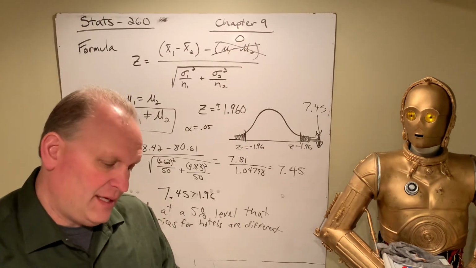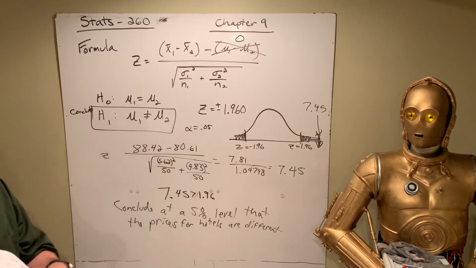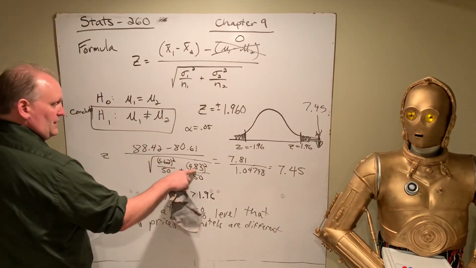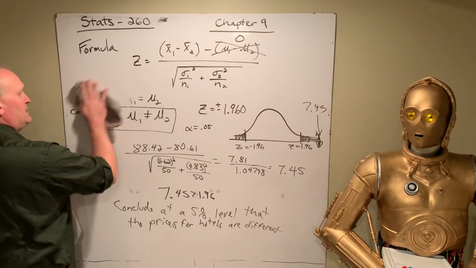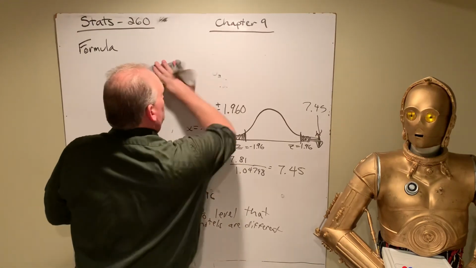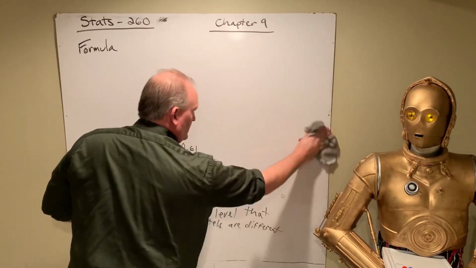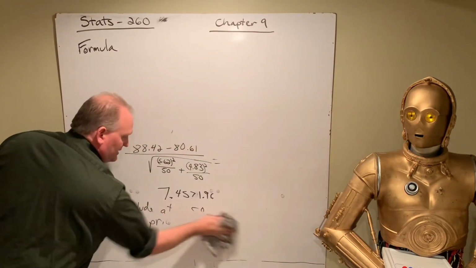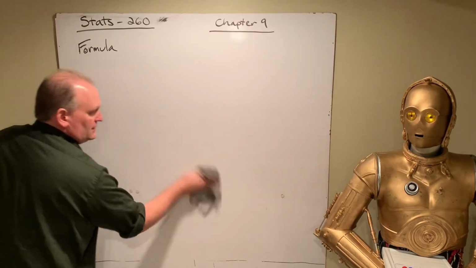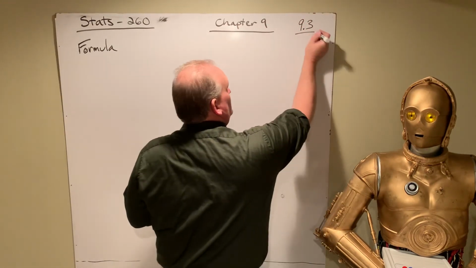That's going to be the same thing, but what if we don't have the standard deviation of the population, like this one, where we have the population standard deviations, so we got to use Z. Well, it's just the same thing for 9.3, it's just with T, if you don't have the standard deviations. Tell you what, I'm gonna make that one the next video.